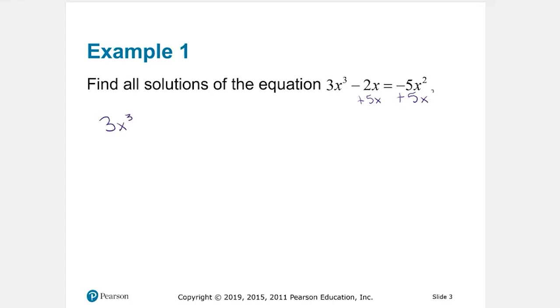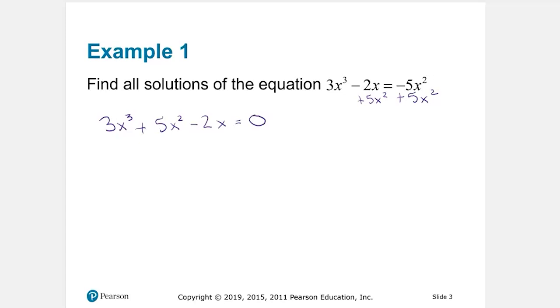Sorry, this is squared, plus 5x squared minus 2x equals 0. Perfect. So now we have turned our equation into something that equals 0, which we have to because of the zero multiplication rule.